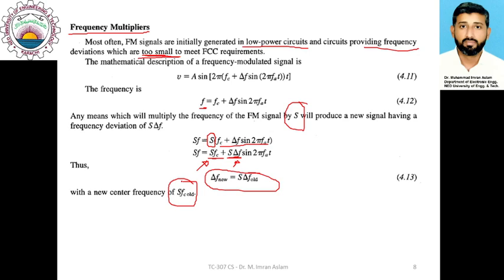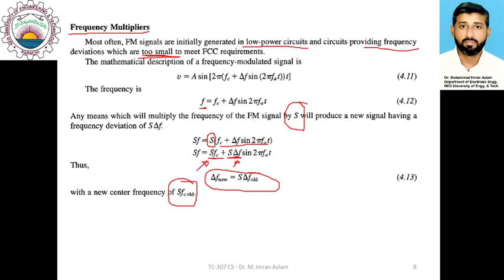So practically if we want to create a frequency multiplication factor of, say, 12, you have to pass the signal through 2 doublers and 1 tripler. So 2 into 2 into 3, so you have to increase the frequency in 3 stages. It will pass through 3 frequency multipliers to get an overall multiplication factor of 12.